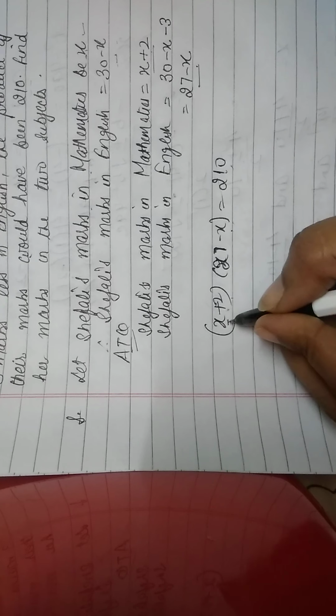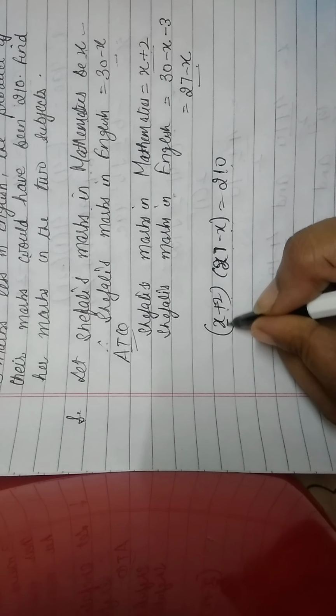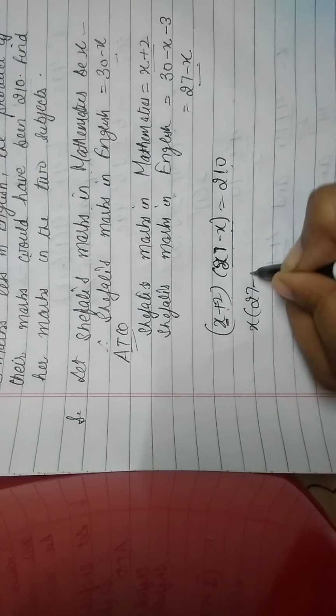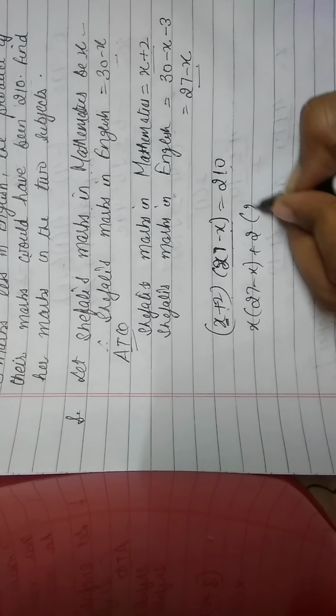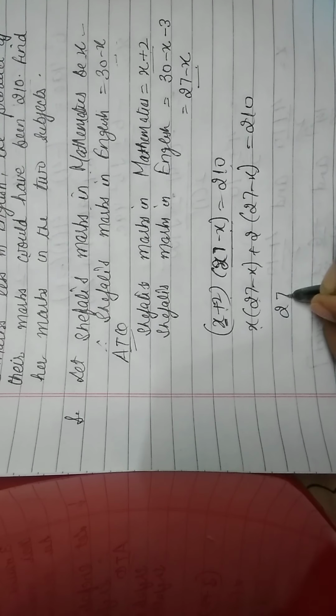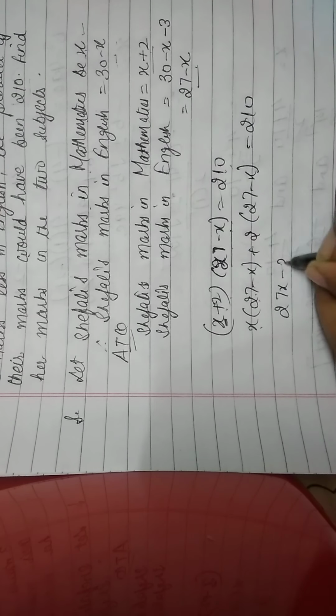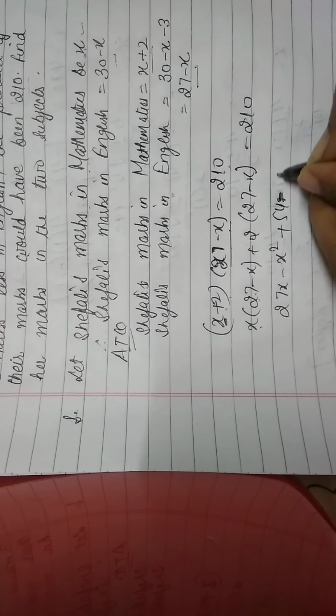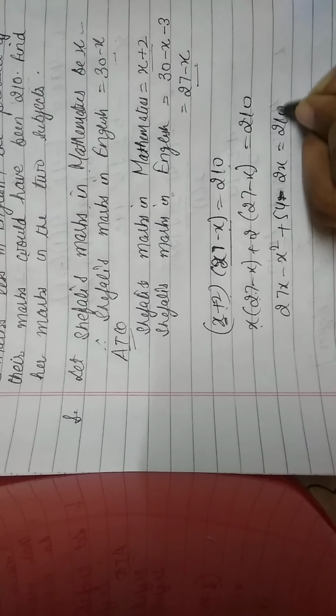So multiply both binomials. Always break one binomial. x is multiplied by 27 minus x. Similarly, 2 is multiplied by 27 minus x, equal to 210. x multiplied by 27 is 27x, minus x square, plus 54 minus 2x equal to 210.